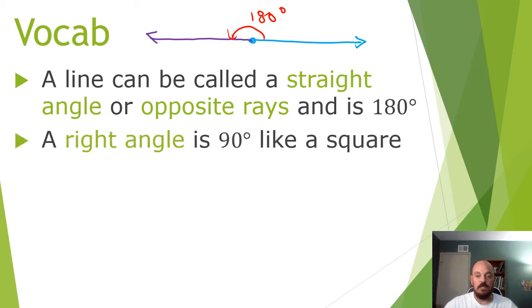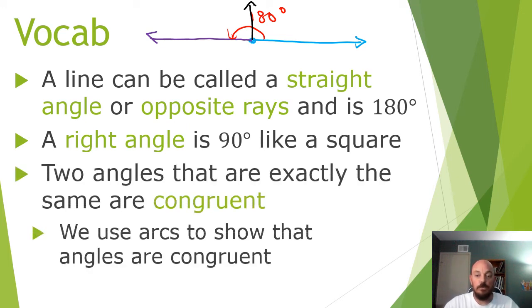Now a right angle, like you find in a square or a rectangle, that perfect 90-degree angle, is half of that. If I took that straight angle and split it exactly in half like that, 180 divided by 2 is 90. So I'm basically cutting it into those perfect square angles, and each one is a right angle or 90 degrees.